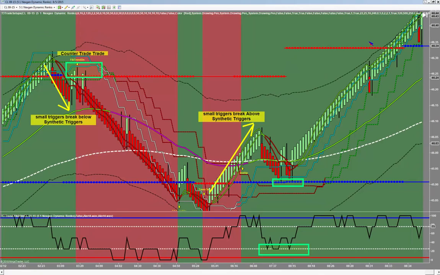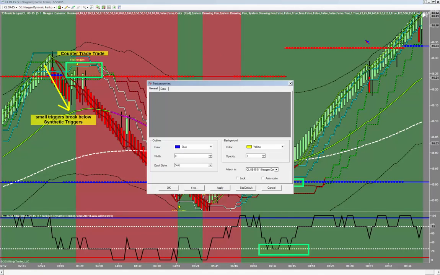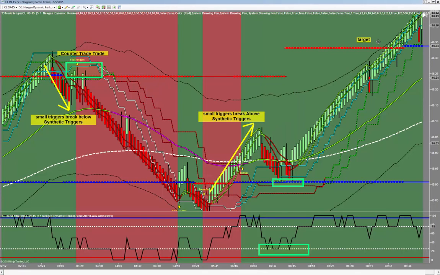Ultimately, resistance is our target area. So just these two trades alone, of course this is way earlier at 3:30 in the morning, and then from 7:30 to 8 a.m., look at the price, 45.95, call it 46, up to 46.35.